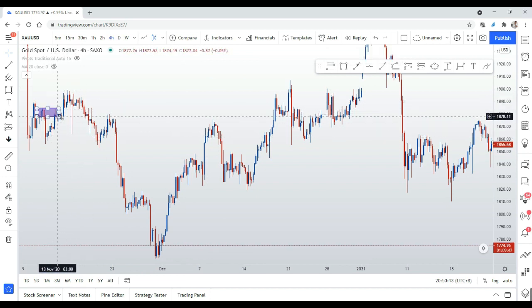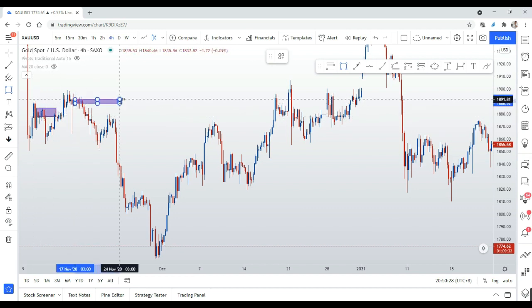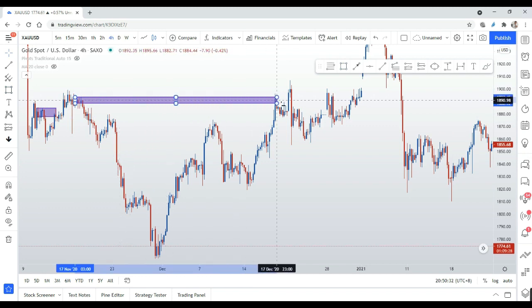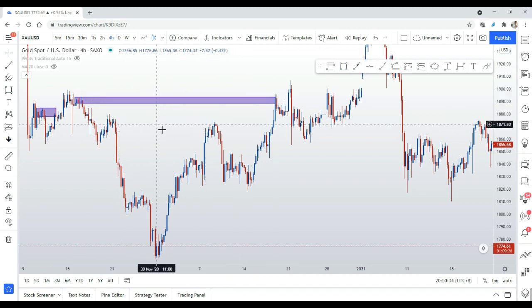I end my supply zone when the price touches it and reacts. So my supply zone is dead. Supply zone from the top to the bottom. Here I have a supply zone. I go all the way until the price goes through a bit. Dead.